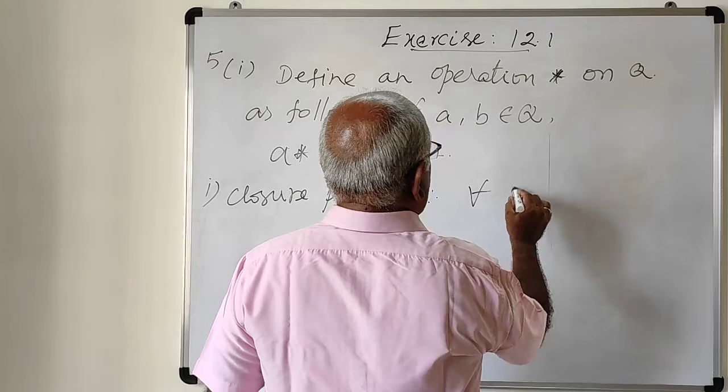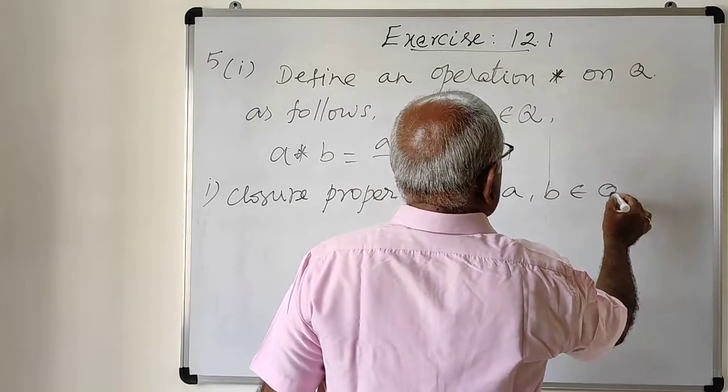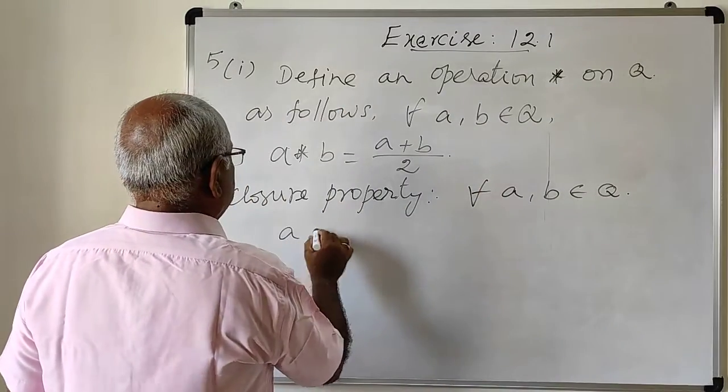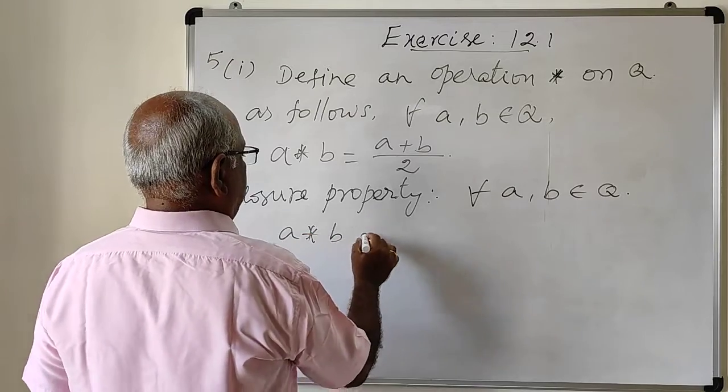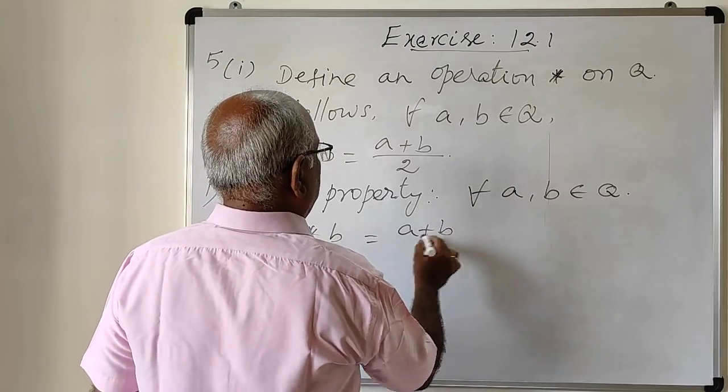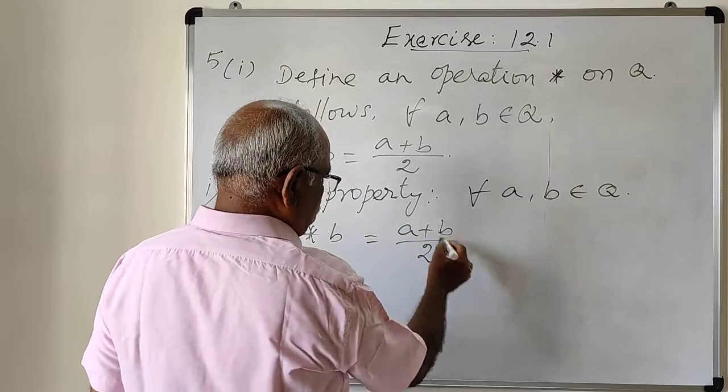For all a, b belongs to the set of rational numbers Q, the operation a star b equals a plus b by 2. This a plus b by 2 is also a rational number.